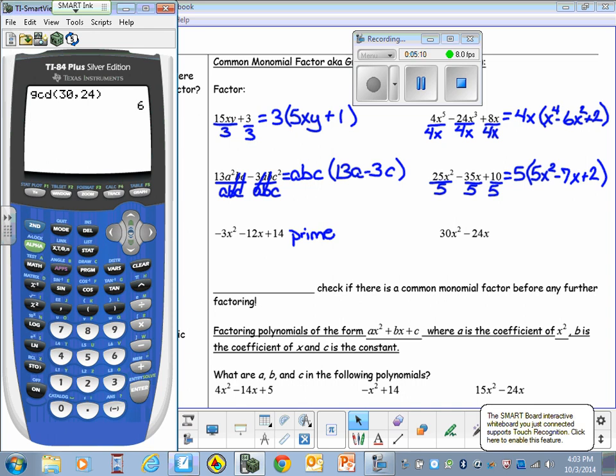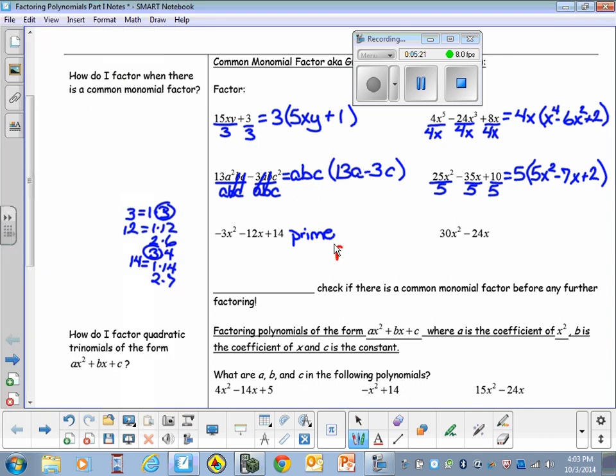Now your calculator will only do 2 numbers at a time. So if you have a trinomial, the calculator is not going to help you with it. But it was math, arrow to number, and then arrow down to GCD.